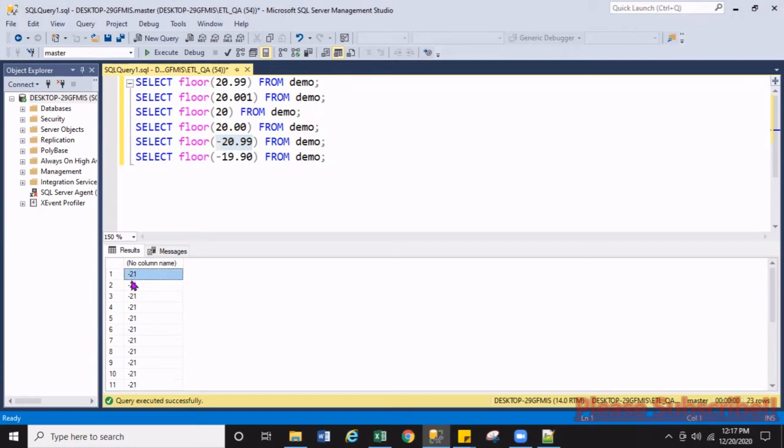That means minus 21 is less, because to convert minus 21 to positive you need 21, but here, if you want to convert minus 20.99 to positive, you need only 20.99. That means at least you save 1 cent here. For example, if you have a loan of 21, then here at least you save 1 cent, right?